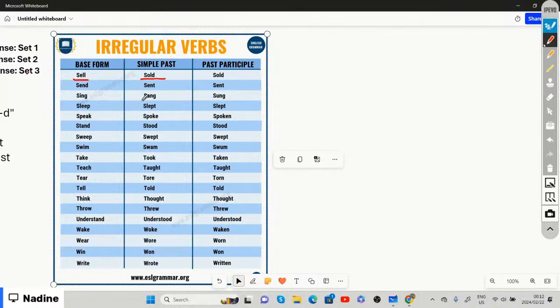So if you were to form a sentence using the words both sell and sold, how would you form a sentence? Let's just go to the word sold.